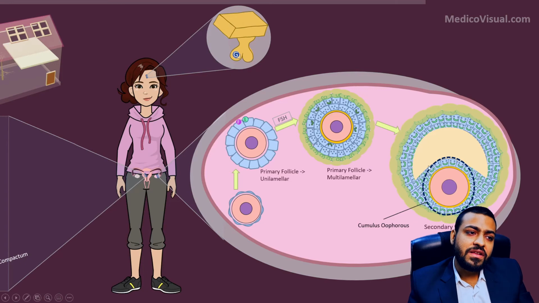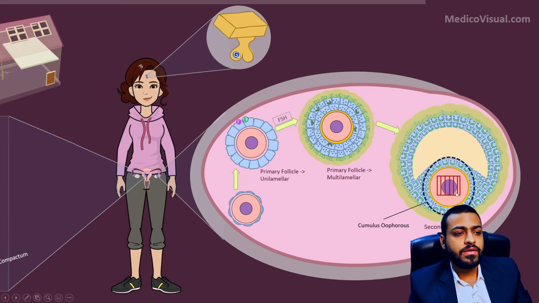So this structure they form by surrounding the oocyte is called the cumulus oophorus. Cumulus means clouds, oophorus means that they are surrounding the oocyte. So this is the cumulus oophorus.